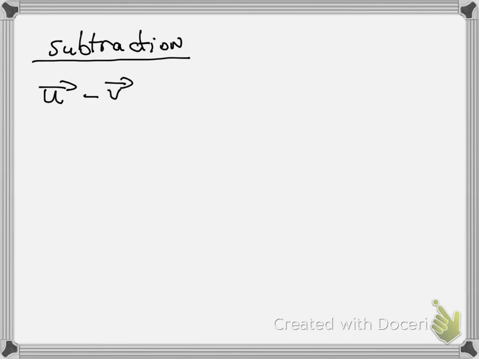Let's say here's your vector u, and here you have the vector v. So guys, geometrically, if you want to draw the vector u minus v, well, first, u minus v is like u plus minus v.